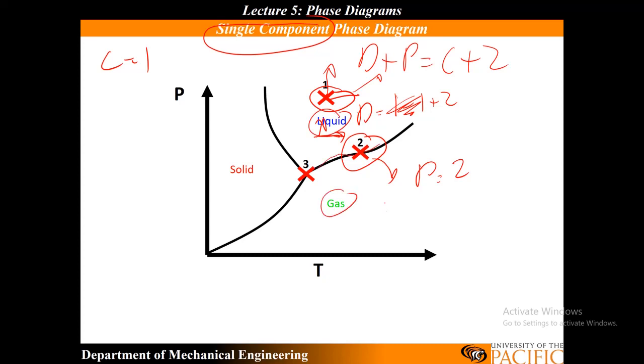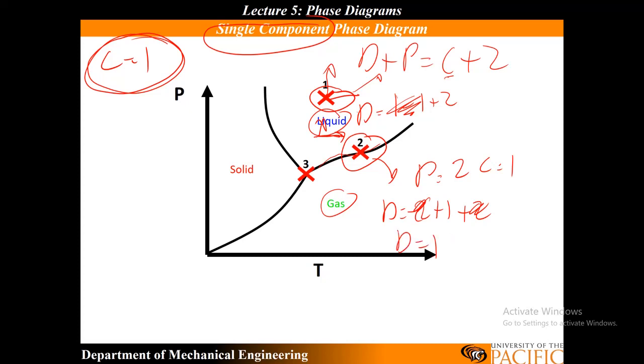So now, what's our degrees of freedom? It's minus 2, plus still 1 component. So we're still single component here, plus 2. So P is equal to 2, C is equal to 1 always. So this holds for every problem in this diagram. And now we are left with this expression right here, where our degrees of freedom are now 1.